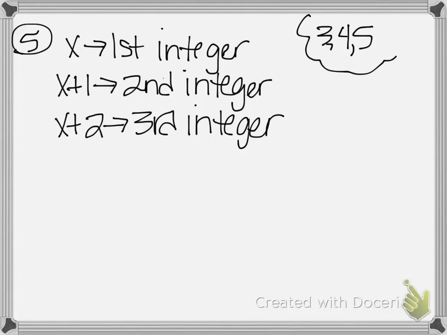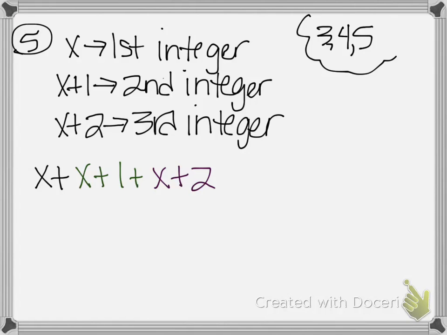Now they're telling me that the sum is 318. So I'm going to add, because sum means add, all 3 of my integers. So I have x as my first integer, plus x plus 1 as the second integer, and then x plus 2 is my third integer.